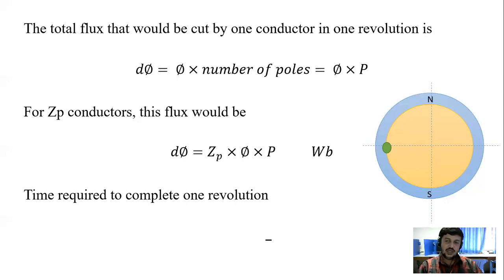That means in 1 second, the rotor completes n number of revolutions. Then to complete one revolution, the rotor requires 1 by n time. So the time required to complete one revolution is dt, which is equal to 1 divided by n.